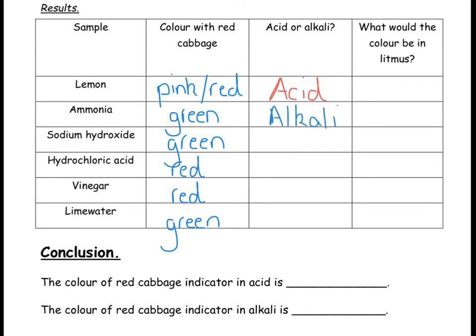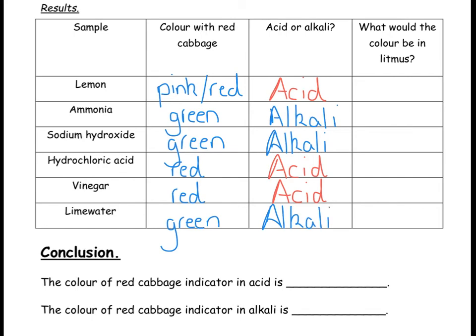The sodium hydroxide also was an alkali. The hydrochloric acid, and the clue's in the name, was an acid. And we said that vinegar was a weak acid, that it was safe to shake on your chips, whereas hydrochloric acid would be very dangerous if we shook that on our chips. Lime water is an alkali.